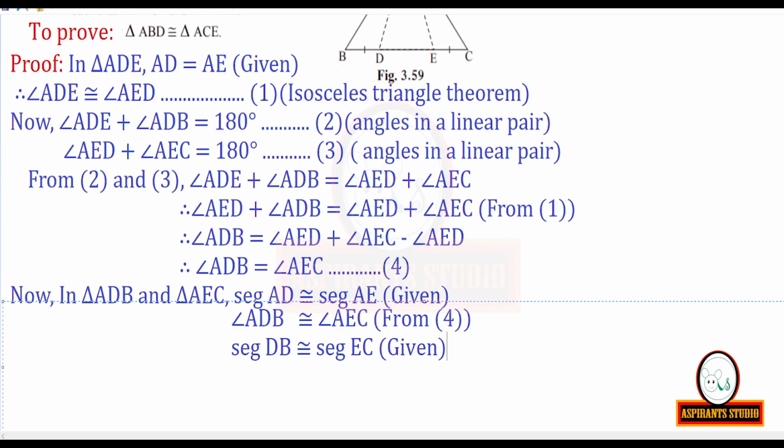Now we have two sides and an included angle. So triangle ADB is congruent to triangle AEC by SAS test.